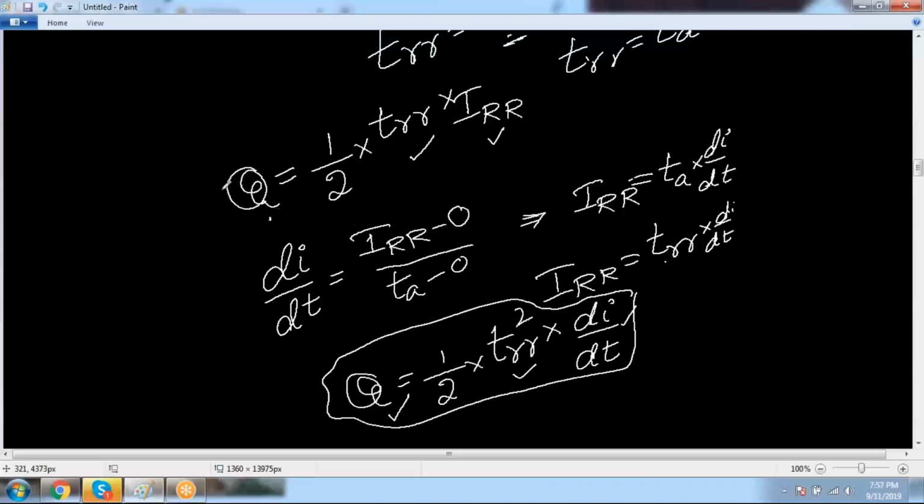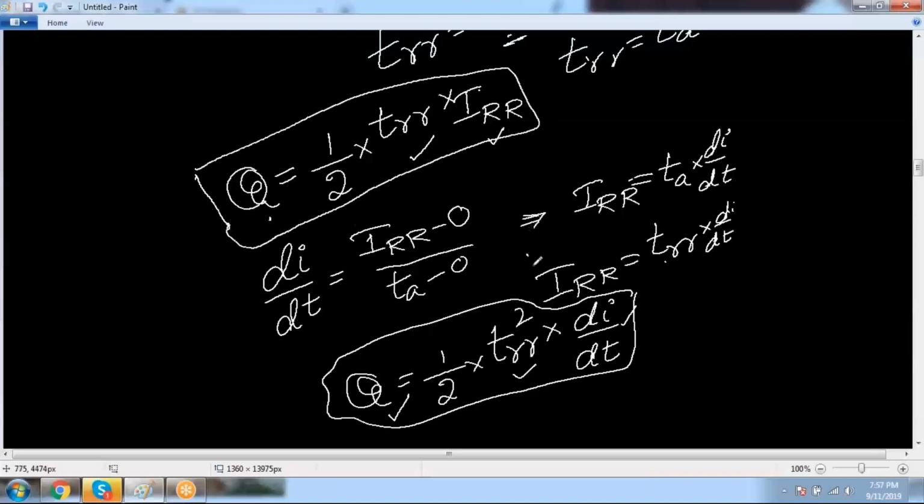Or the charge will be given and TRR is given, and you need to find the unknown. This is one more important equation. Then the third equation: IRR is equal to TRR into di by dt. Now these three are very important equations.